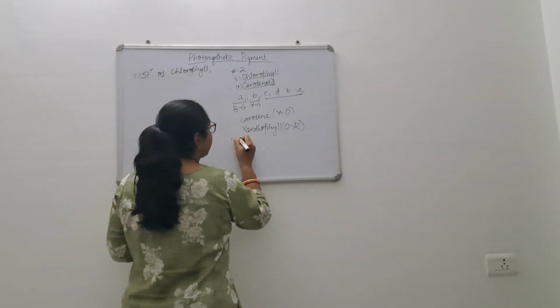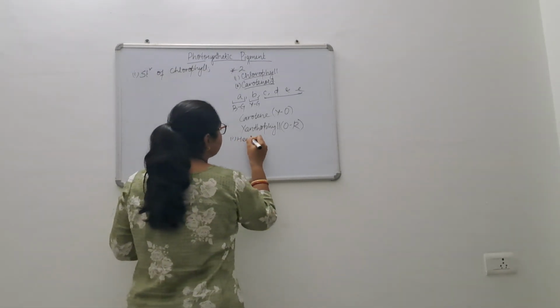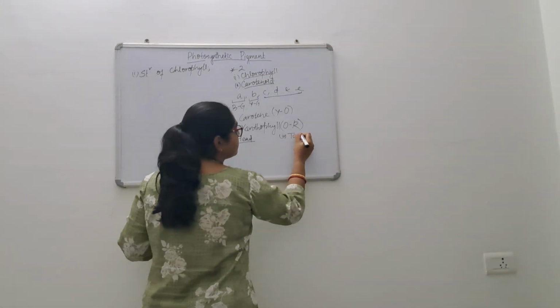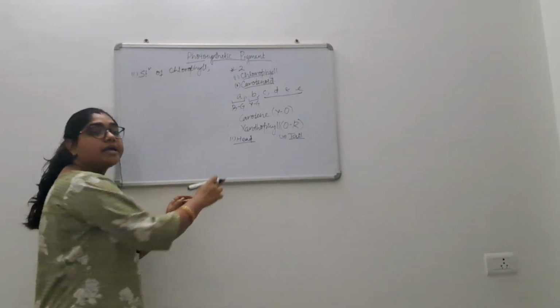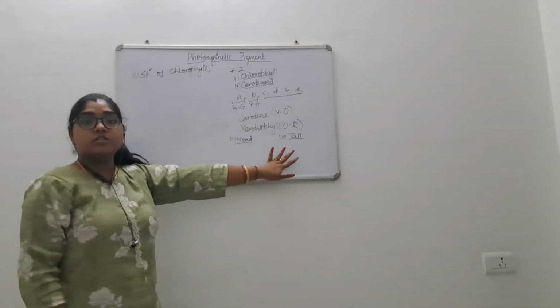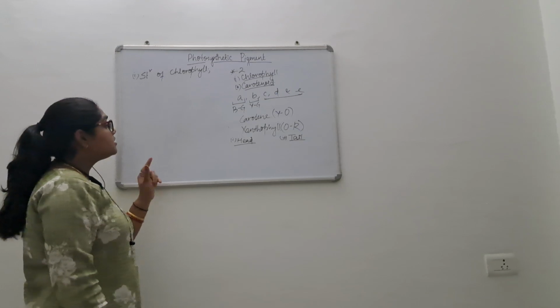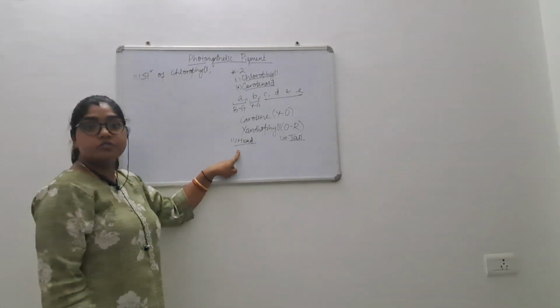One is the head part and the second one is the tail part. Here we will discuss the main characteristics of the structure, and we will learn how to draw it. First we will draw the head part of the chlorophyll.